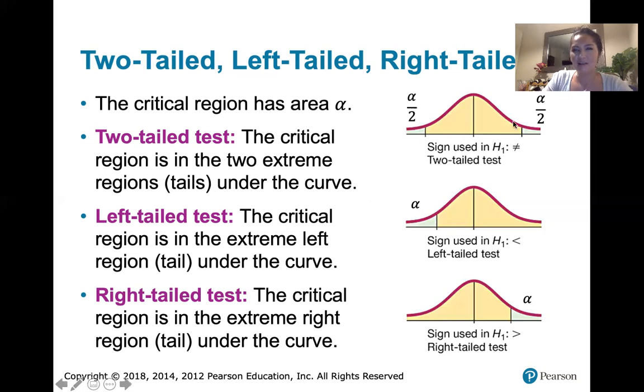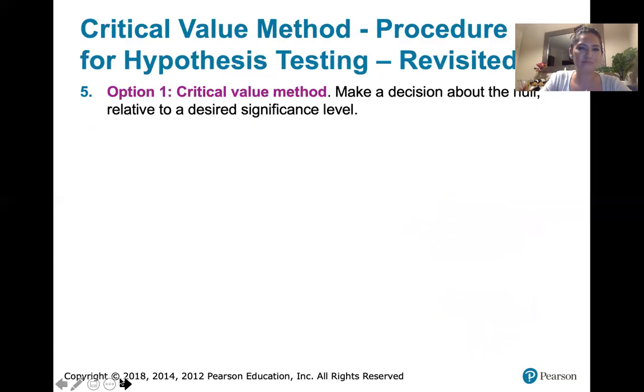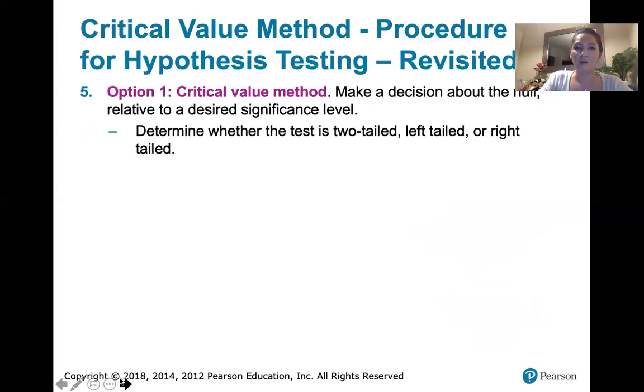So the cutoff values are the critical values. The test statistic is the value of z or t or chi-squared that corresponds to the sample statistic that you started with.